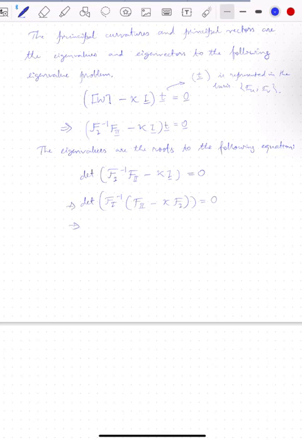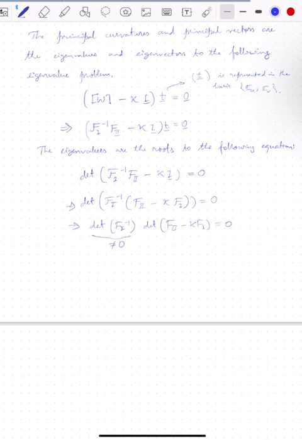The determinant of the inverse is the inverse of the determinant, or maybe I'll just, without complicating it further, say we'll have the determinant of F2 minus kappa F1 is equal to 0.